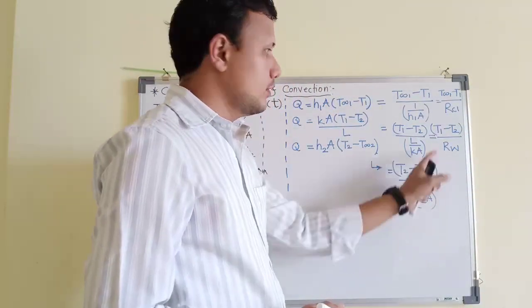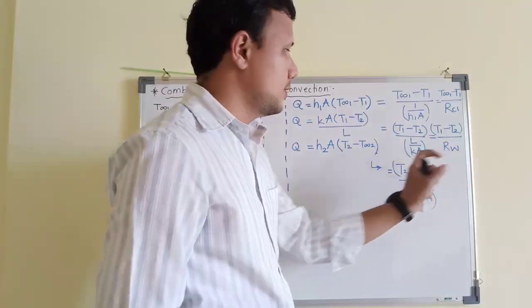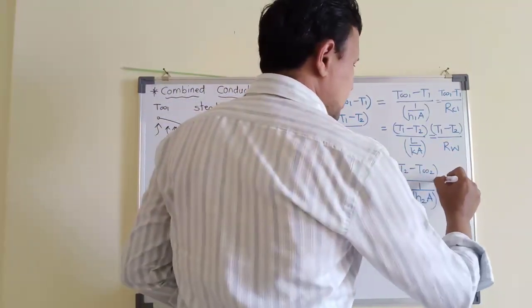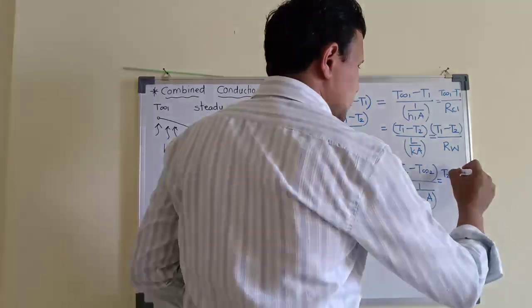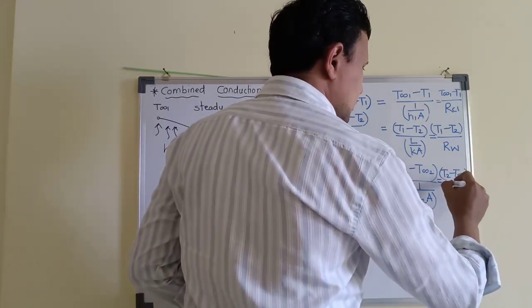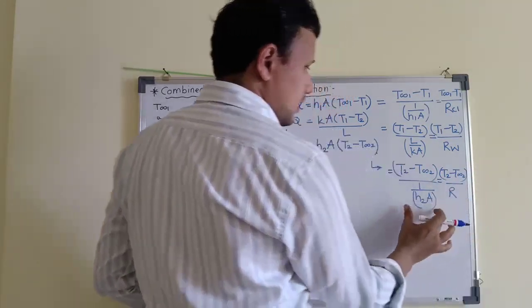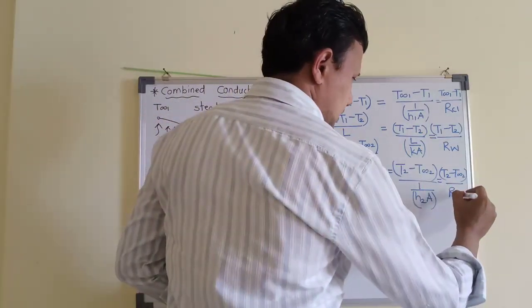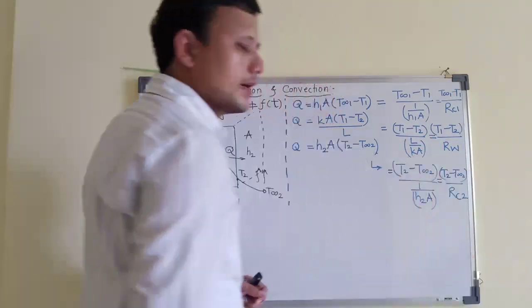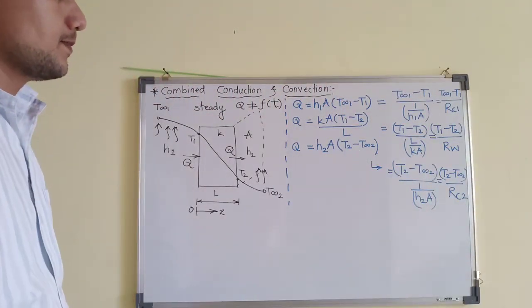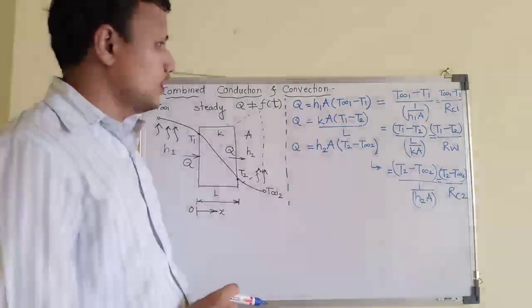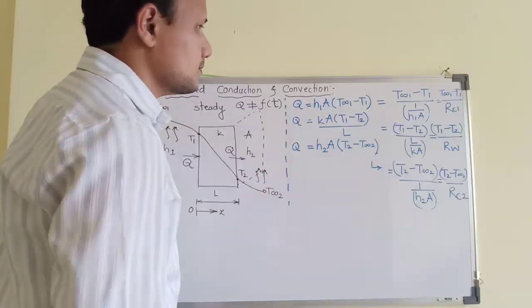If it is a sphere, we will indicate by R SPH, sphere. And this final will be T2 minus T infinity 2 divided by RC, because it is again a convection type, but second convection resistance. I hope it is clear up to this point. Now we will move on.